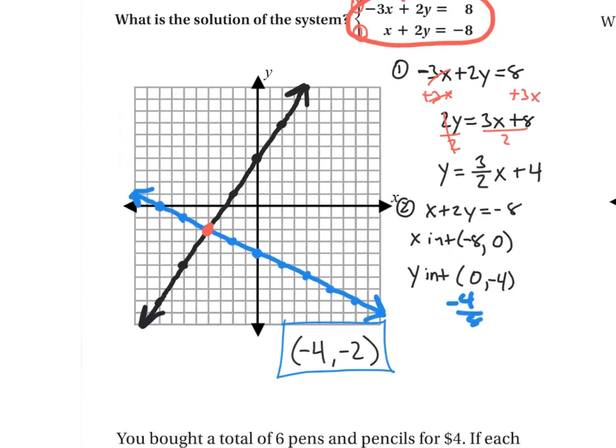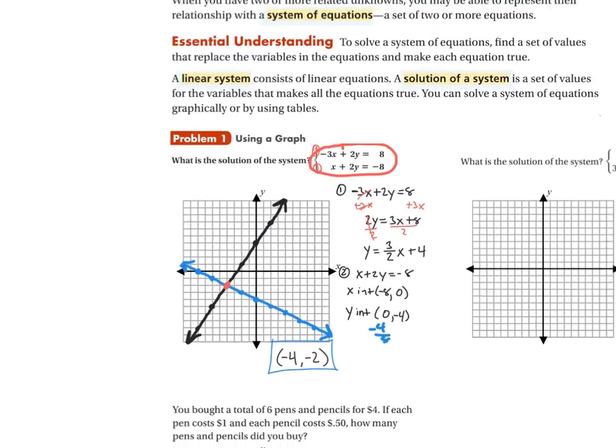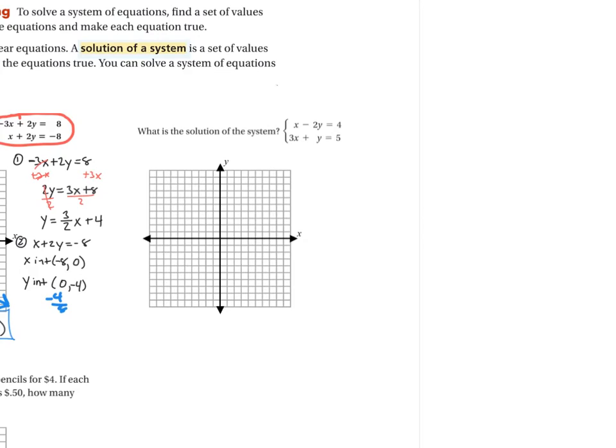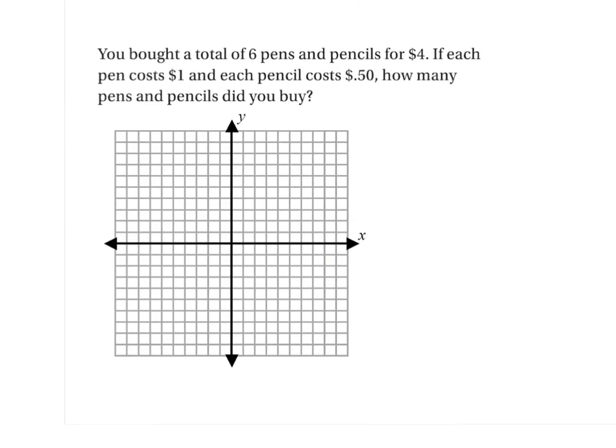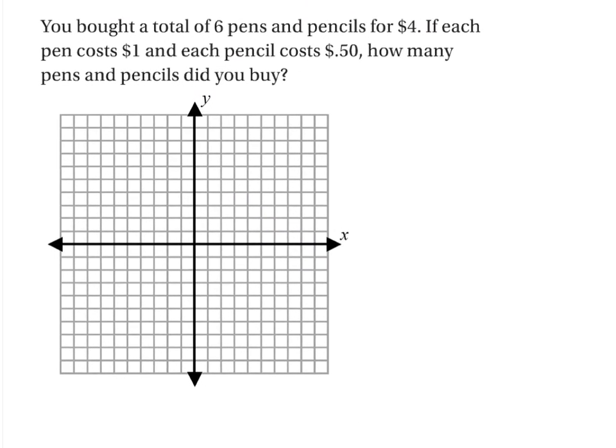All right. So let's take a look at another example. Third one? Sure. All right. Third one says, you bought a total of 6 pens and pencils for $4. Now, be careful.